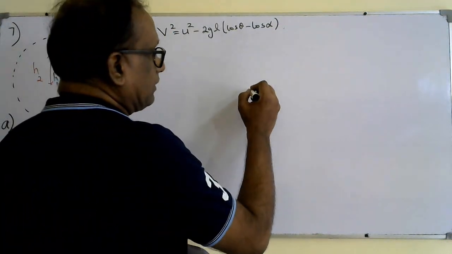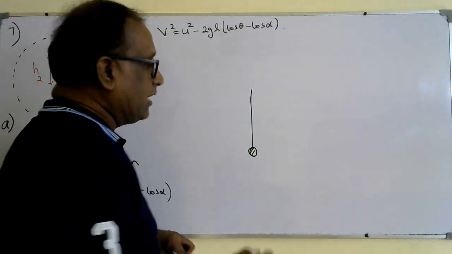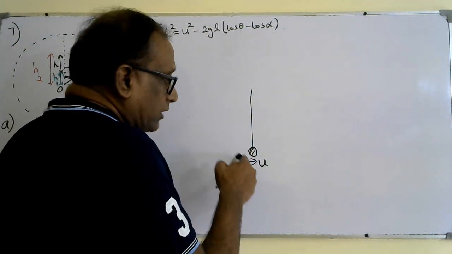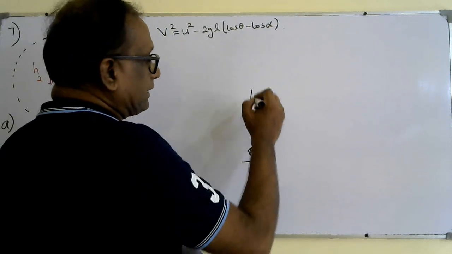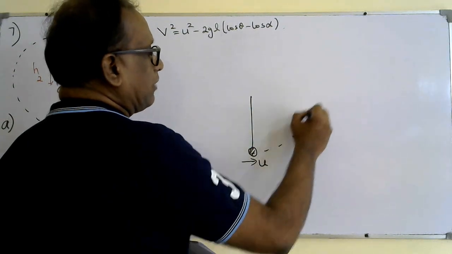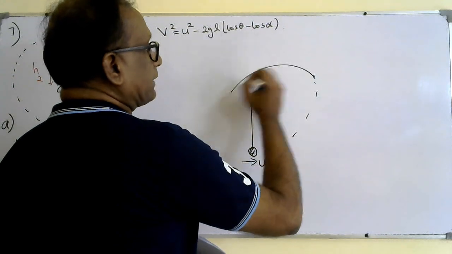Say, for example, when an inextensible string is held vertically and you project the particle at a particular speed u, depending on the speed u, the particle can complete vertical circular motion, or when it reaches a particular height or position, it can go into projectile motion.